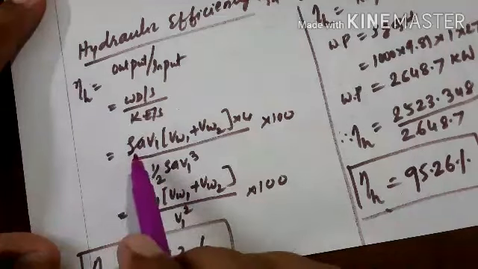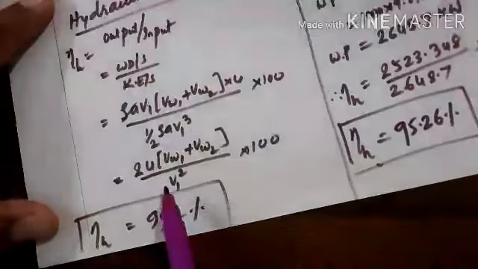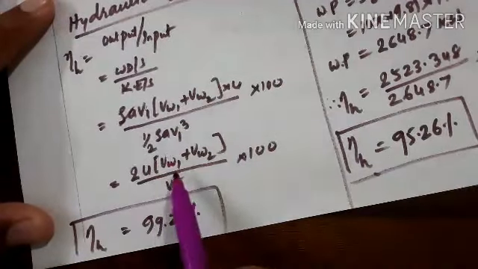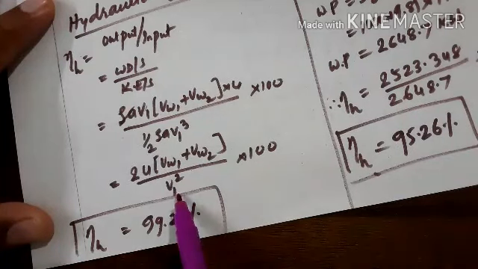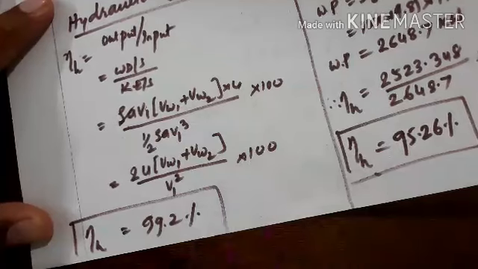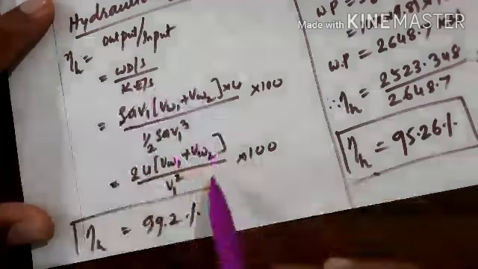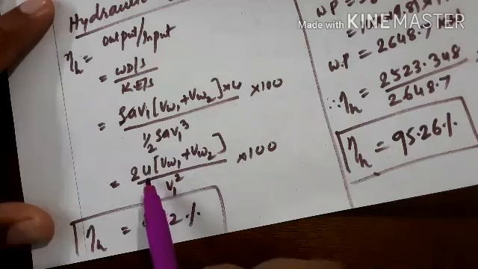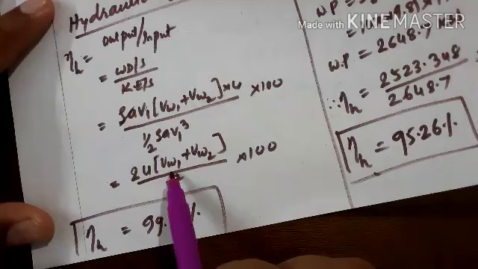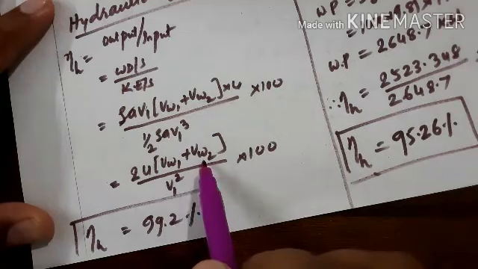Then when you cancel the terms, finally you will get the term 2 into U into bracket Vw1 plus Vw2 divided by V1 square, into 100. So you can use this formula to calculate the hydraulic efficiency. Here substitute the value of bucket velocity, then the whirl velocity at inlet and outlet.